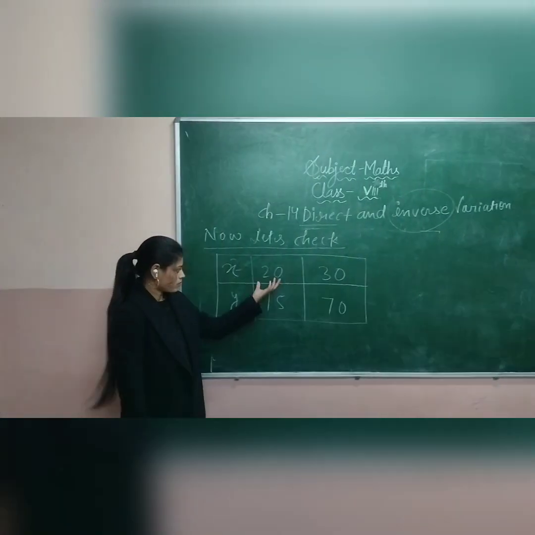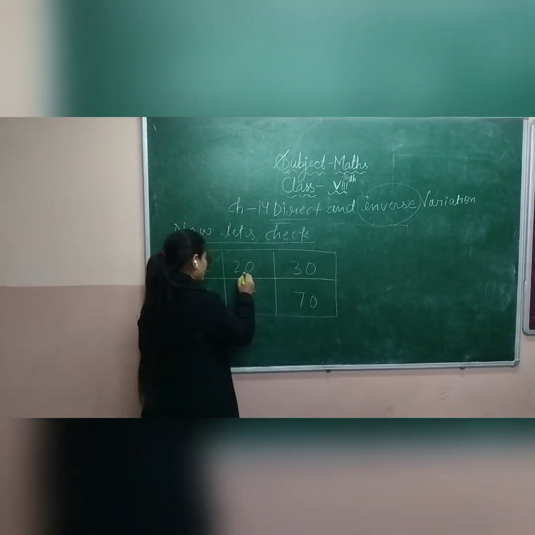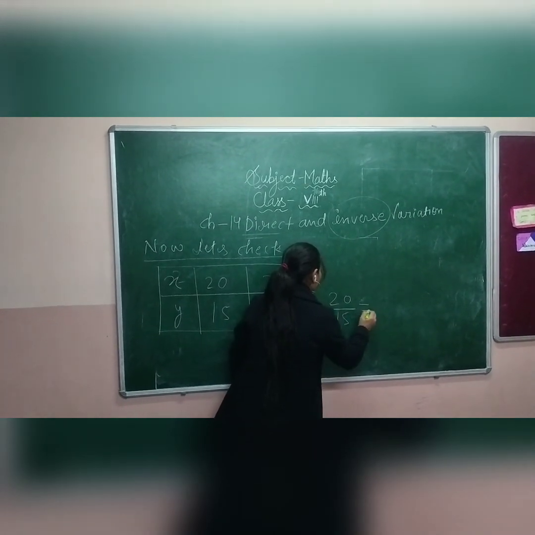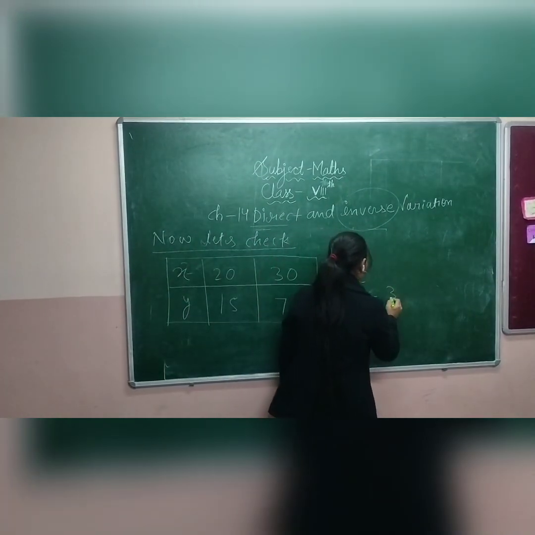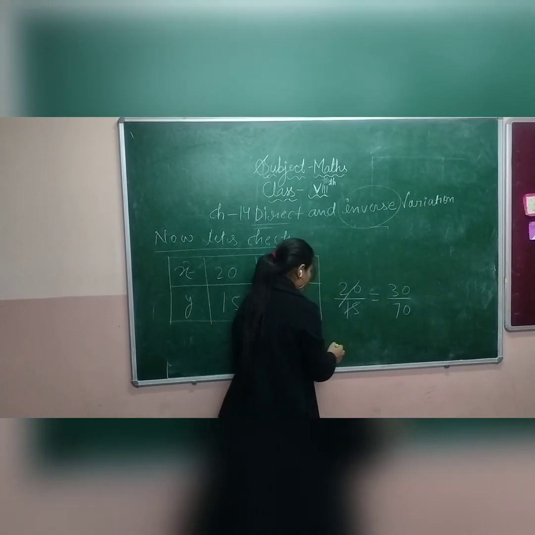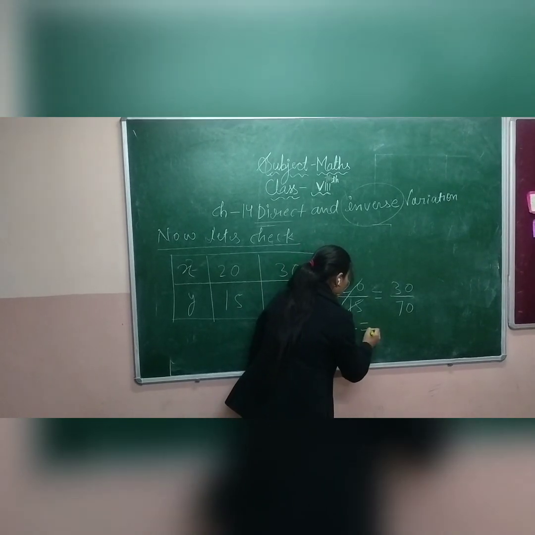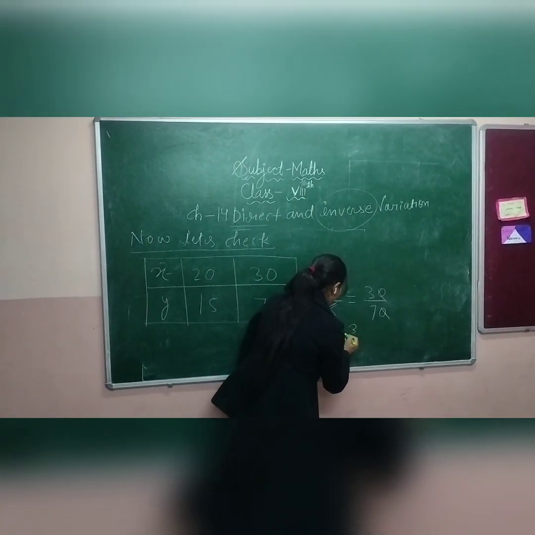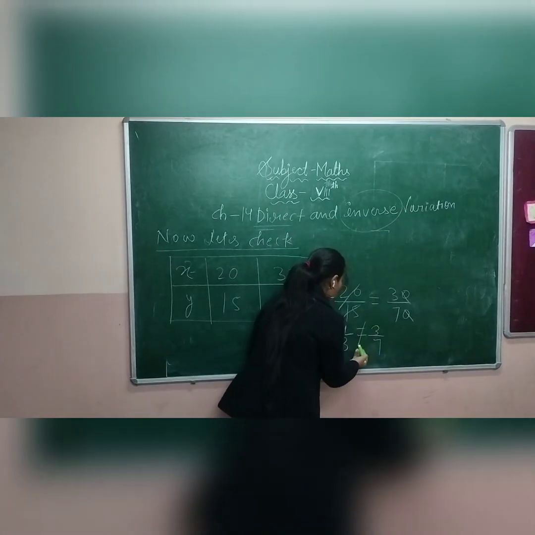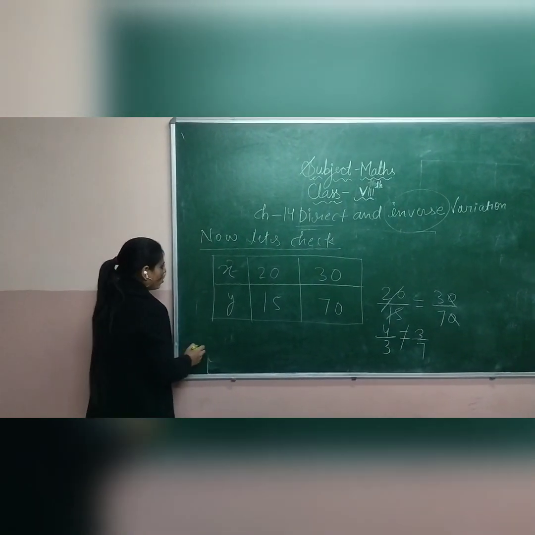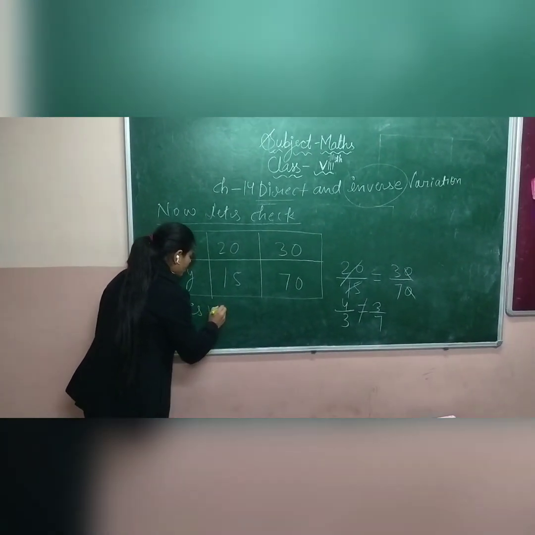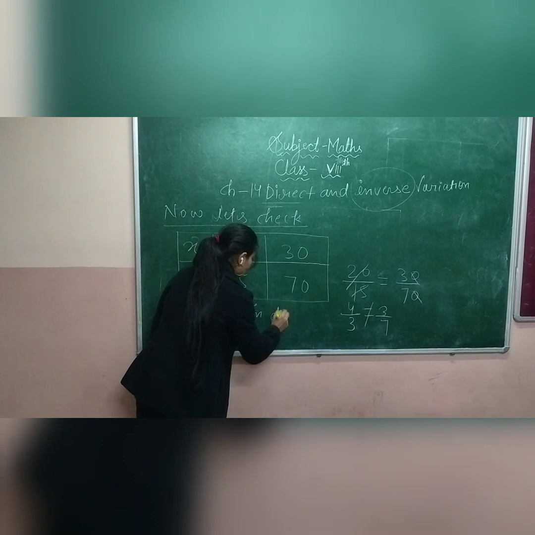Now let's check 20 divided by 15, and 30 divided by 17. Just solve this and you will get 4 by 3, and here you will get 30 by 17. As you can see, they both are not in the same ratio. So this is not in direct variation.